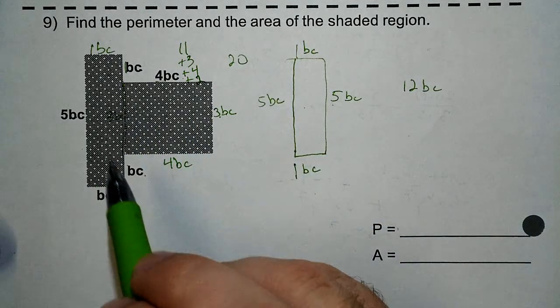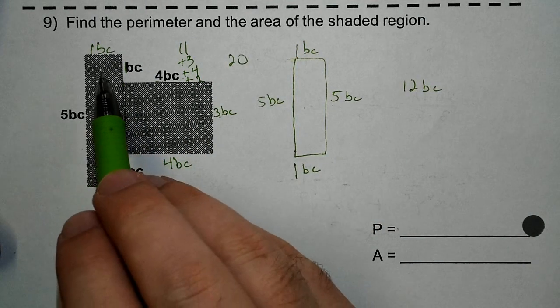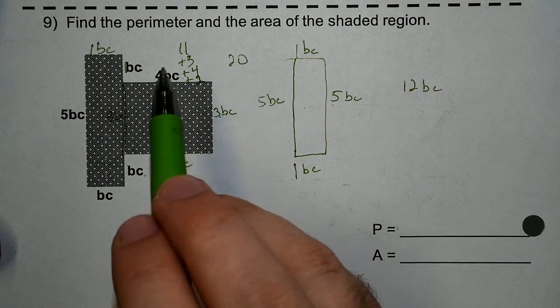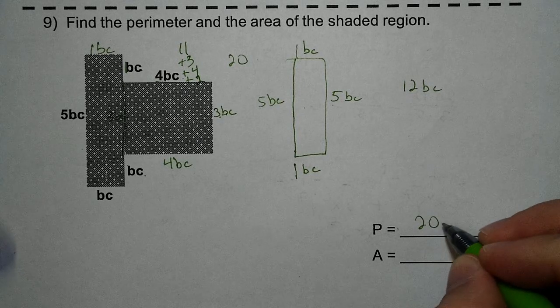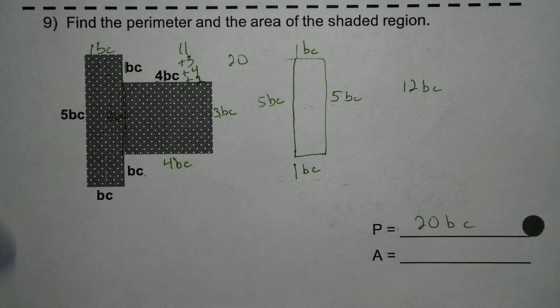Now, the reason I just added them all straight up is because they all have the same last 2 letters, so you can just add the coefficients. That's combining like terms. So our perimeter should be 20 B C.